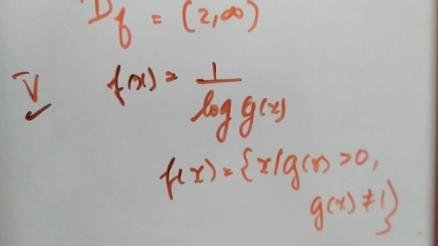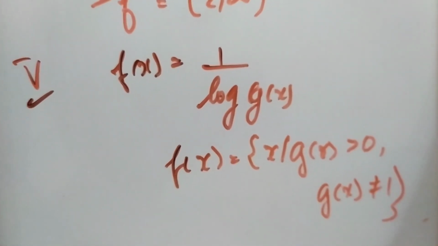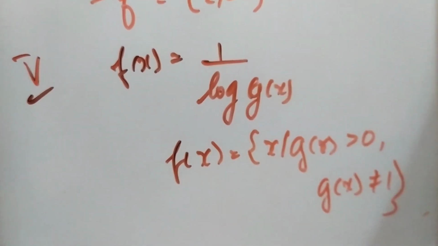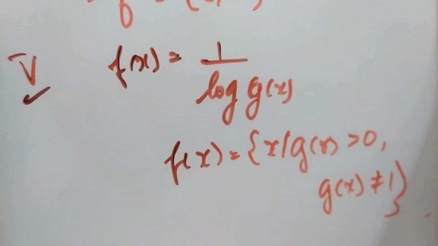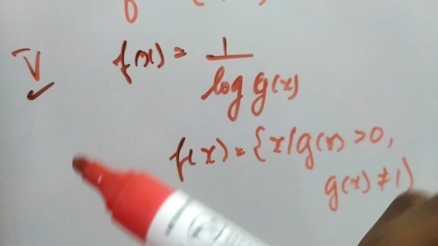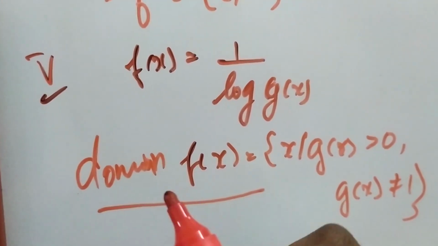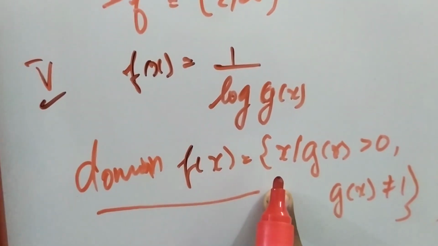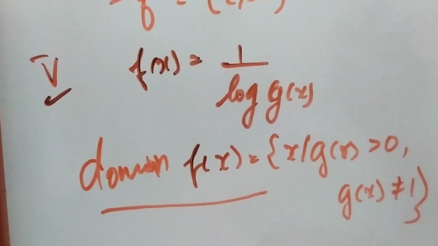These are two conditions when you have a function in the format of 1 by log of g of x. The domain of f of x is the set of all x such that g of x should be greater than 0 and g of x should not be equal to 1.